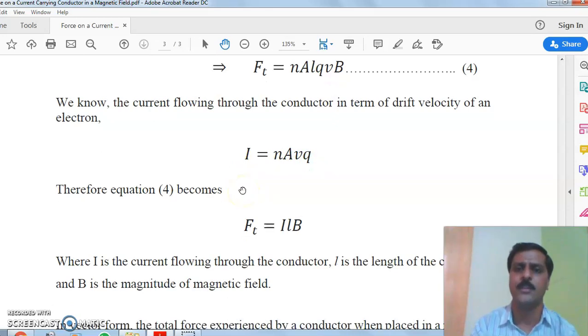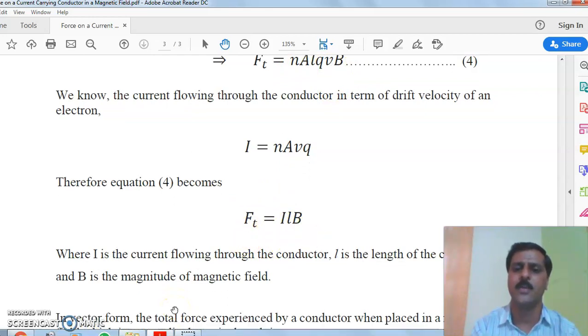If we substitute the value of current in equation number 4, we get the total force experienced by the conductor. In equation number 4, we have n, A, v, q, and L, B. So if we see the value of I, nAvq, then what remains? L and B, and in place of nAvq we write I. So the total force is I L B.